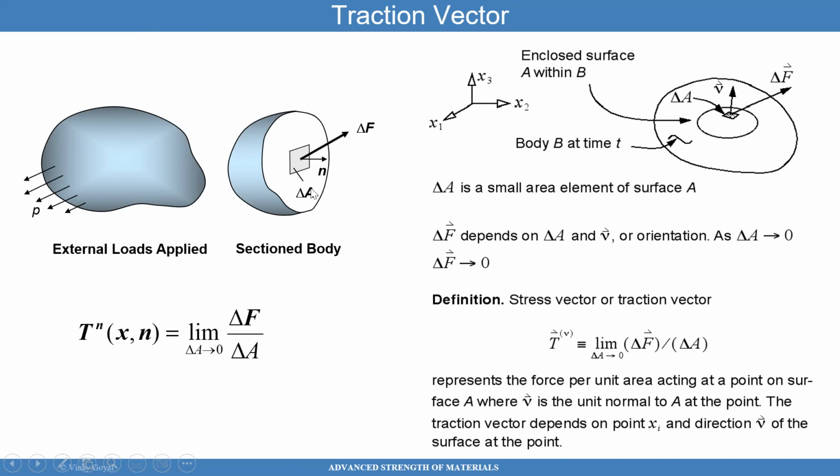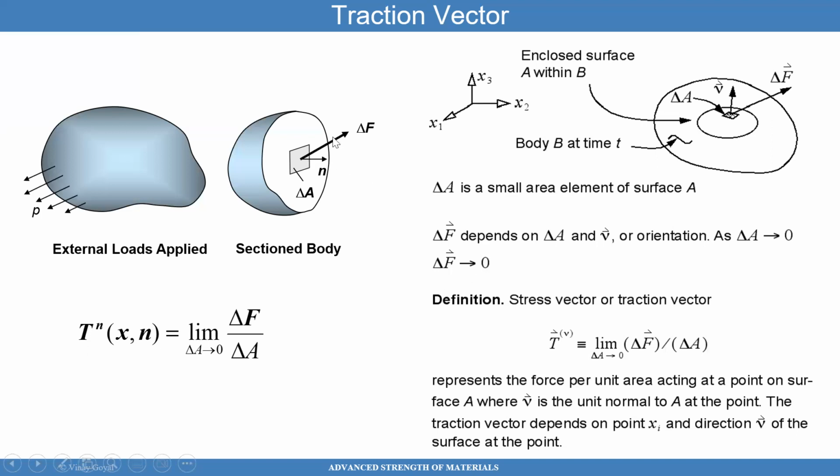So that delta F divided by delta A, as delta A goes to 0, I'm going to define this as a traction. And that traction has units of force per unit area. So that's what I define as a stress vector.